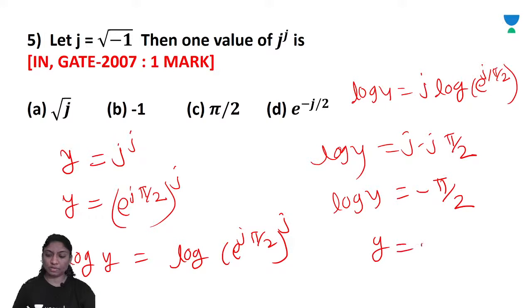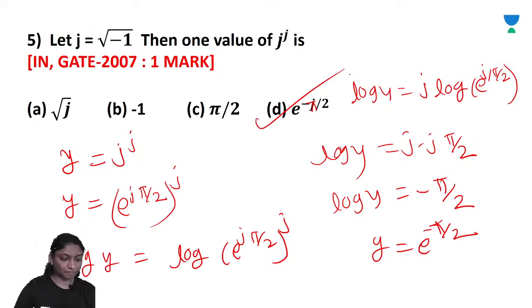So y is equal to e raised to minus pi by 2. Okay, y is equal to e raised to minus pi by 2. So y means z raised to z, so here the option is e raised to minus pi by 2, option D. Okay.